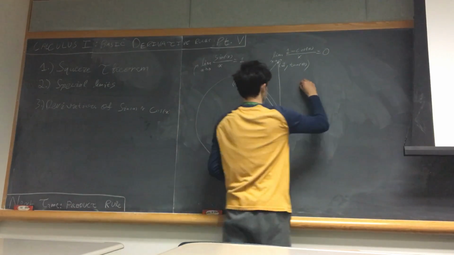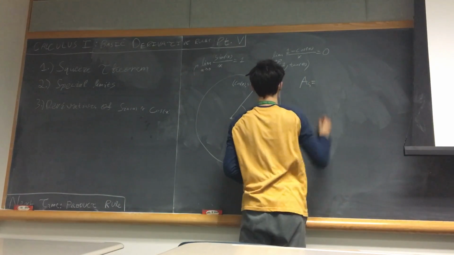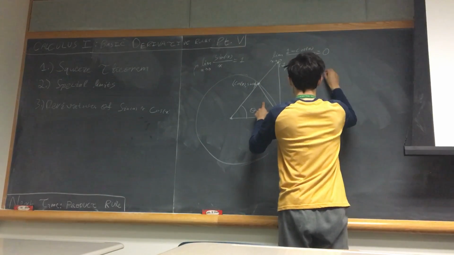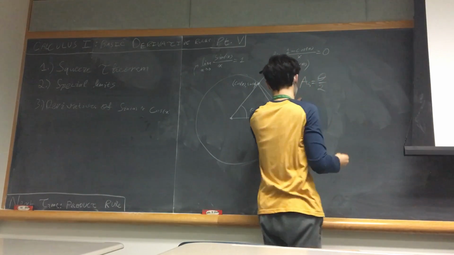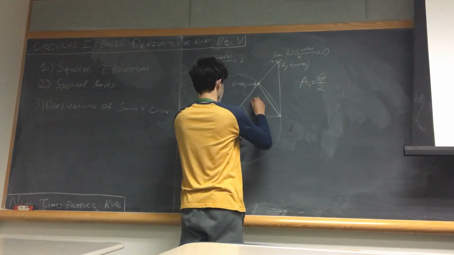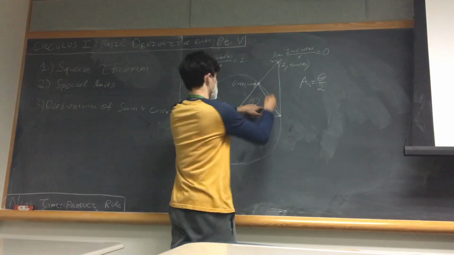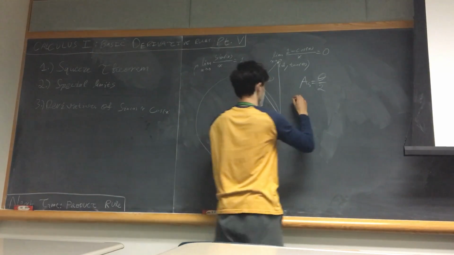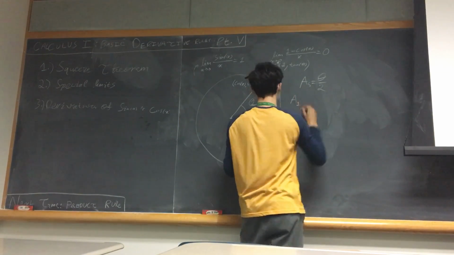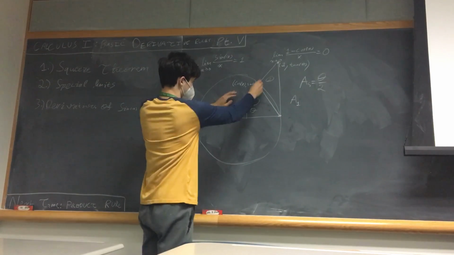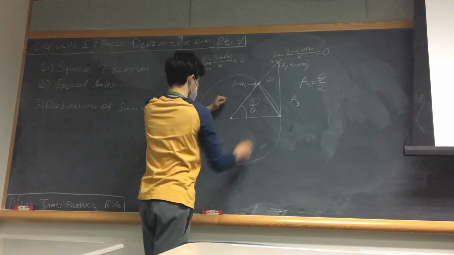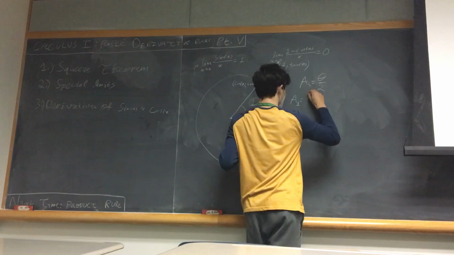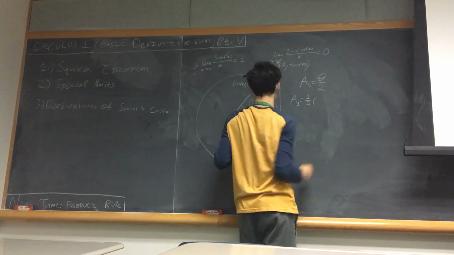We know the area of the sector is equal to theta over 2. I'll label this one triangle 1, and this one triangle 2. You know that the area of triangle 1, which is this triangle right here, is equal to 1/2 times its base.